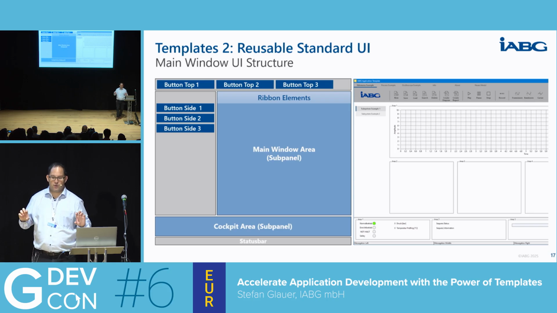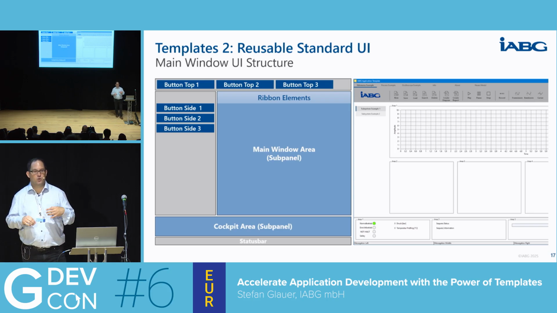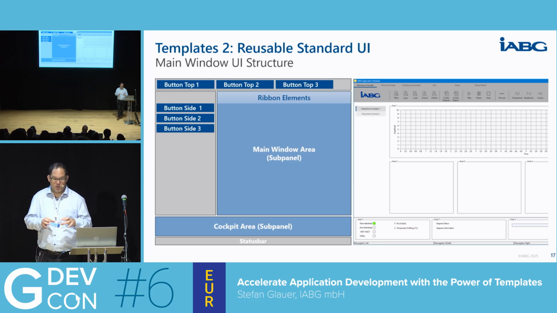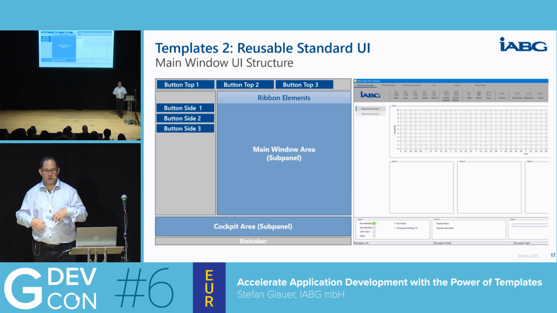We have a cockpit area for every test bench, which shows the system state, like emergency stop or whether the doors are locked. We put that in once for every test bench. It could be exchangeable, but we had no need for it; it's a cockpit area which always stays the same. And we have a status bar on the bottom where you can show strings and also a progress bar.